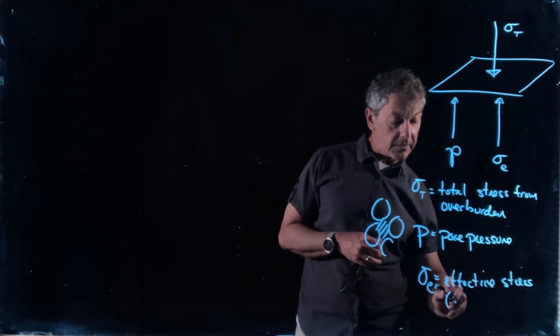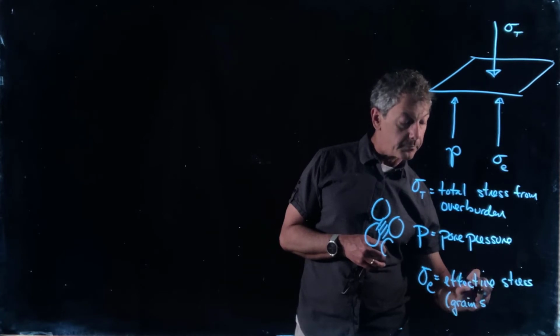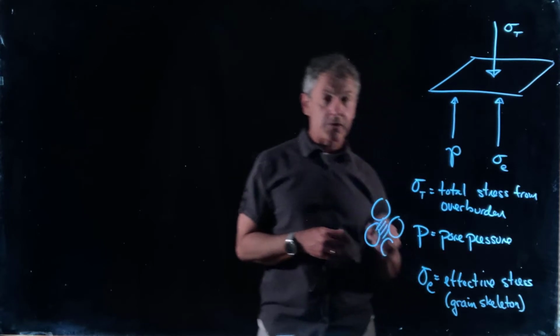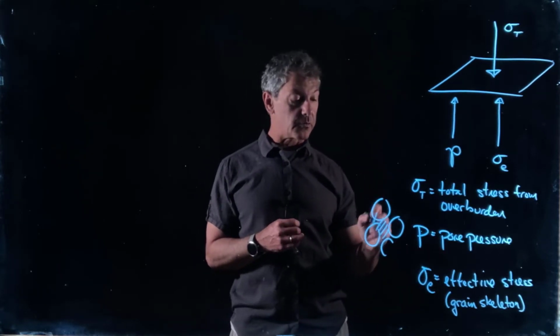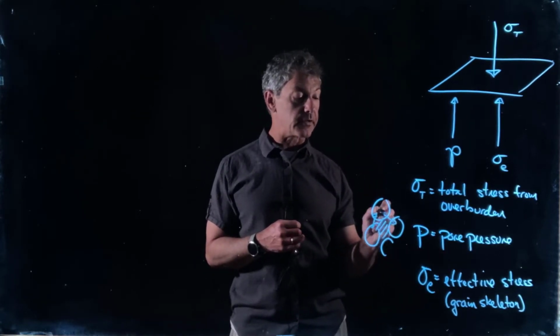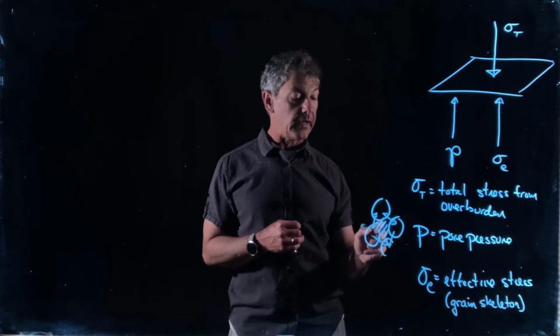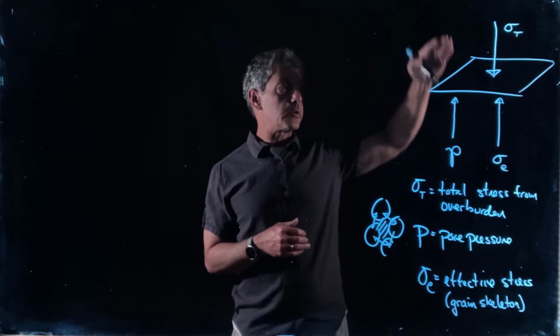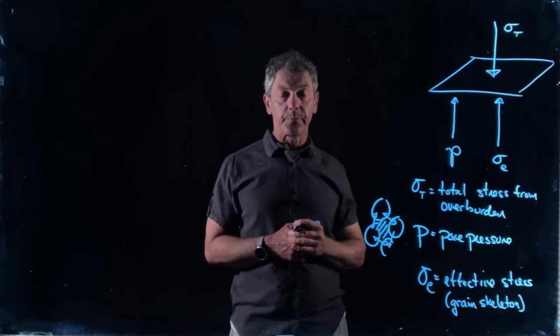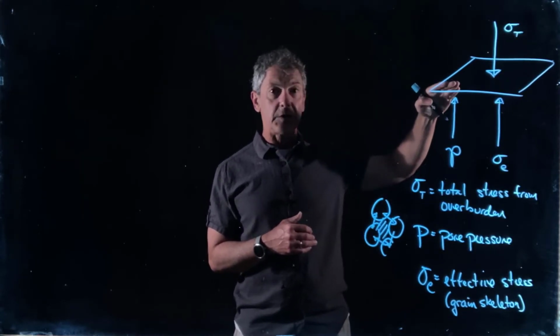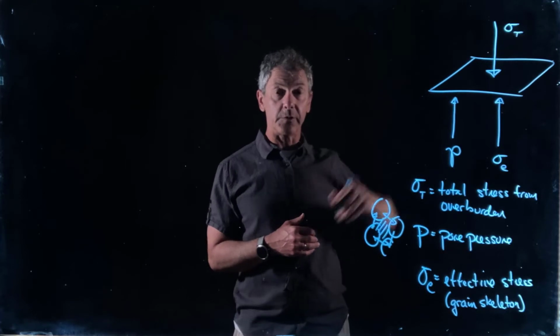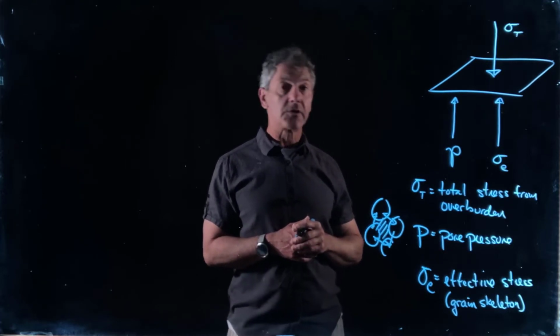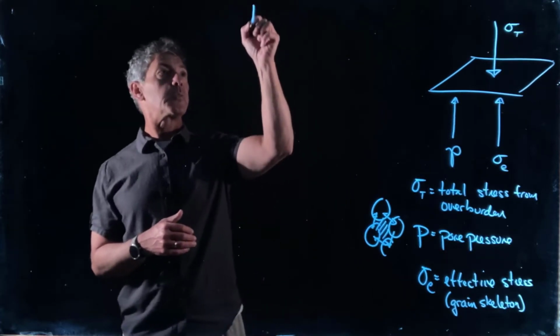And you could think of that as sort of being a grain skeleton. So that is the stress of all these grains pushing against one another and holding each other up, right? So this is in equilibrium. This system has to be in equilibrium or else this plane would accelerate up and down. So let's look at a force balance.